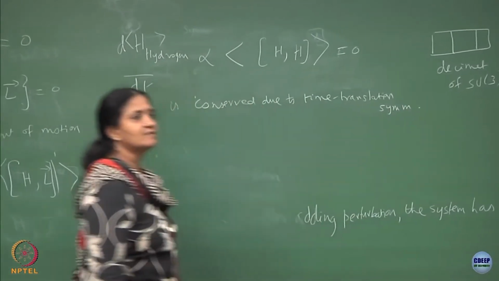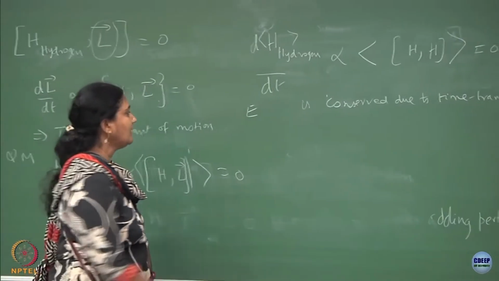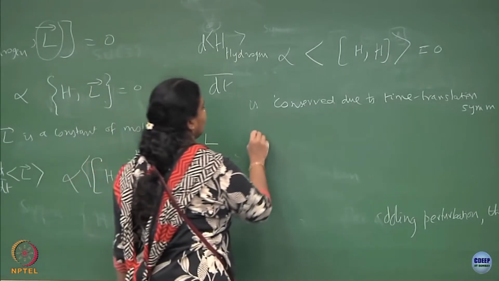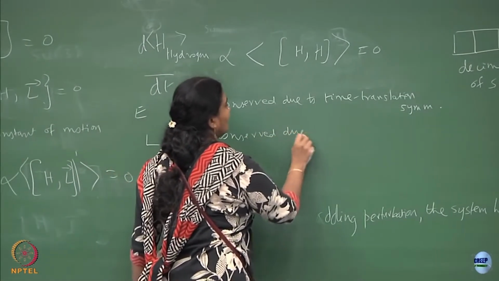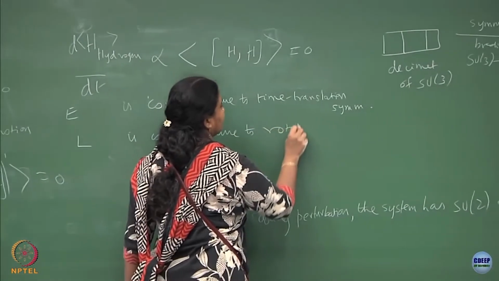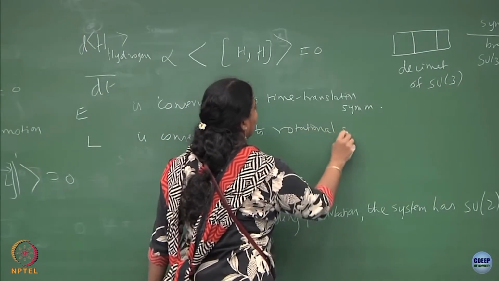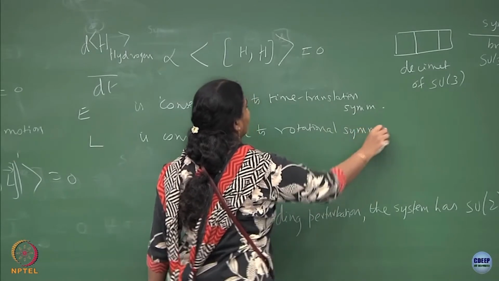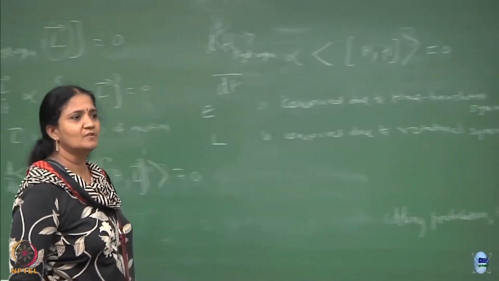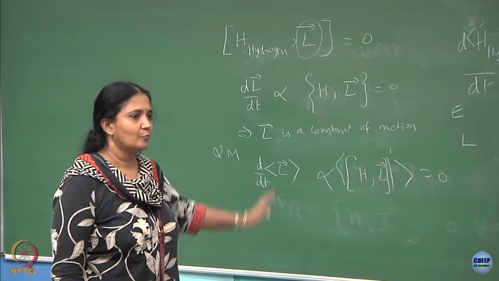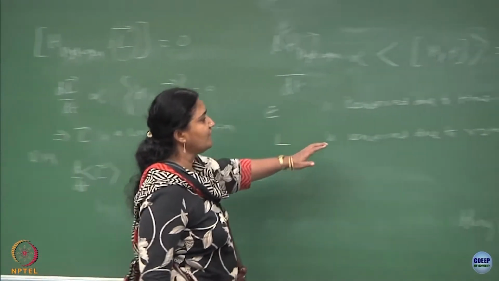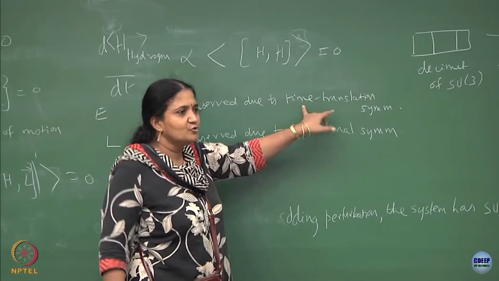Okay, this is conserved due to time translation symmetry, just like L is conserved due to rotational symmetry. So, these are the conserved quantities which you have in your problem, and you can associate a geometric meaning.